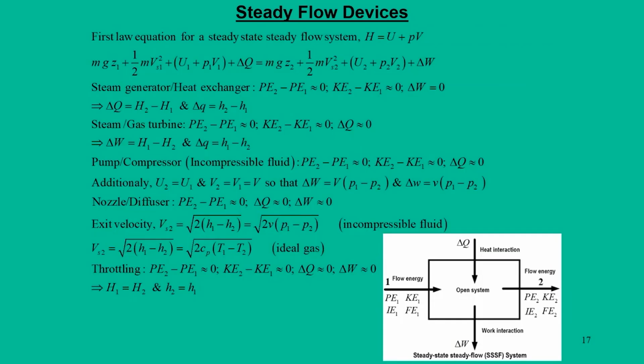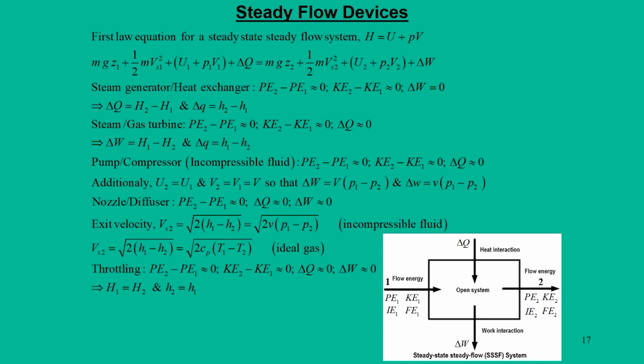Looking at those simple relations, the steady flow energy equations can be framed for steam generators or heat exchangers, steam turbines, compressors, nozzles and diffusers. All these derivations are available in these books. This is nothing new, but it can be derived based on this figure and these equations. We start with the first law equation for steady flow energy systems.